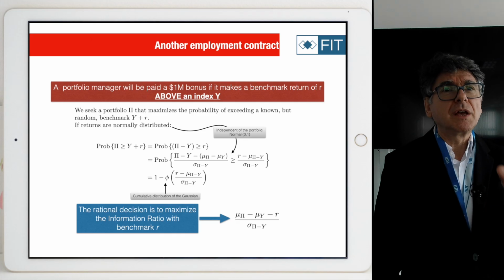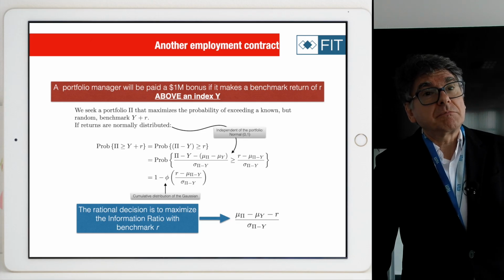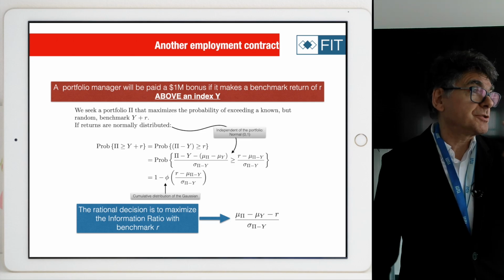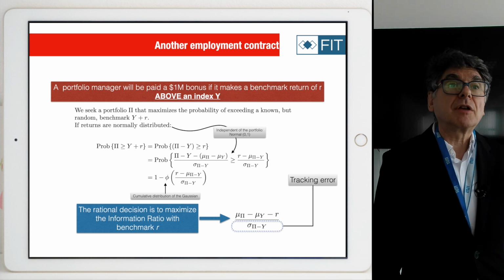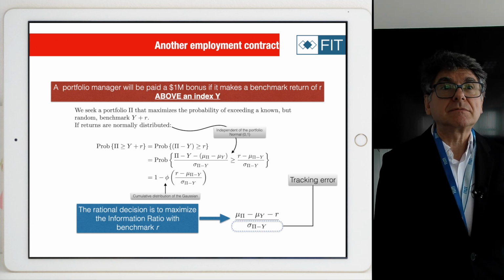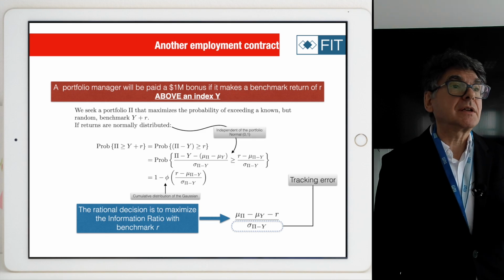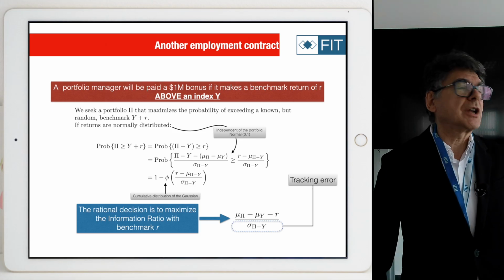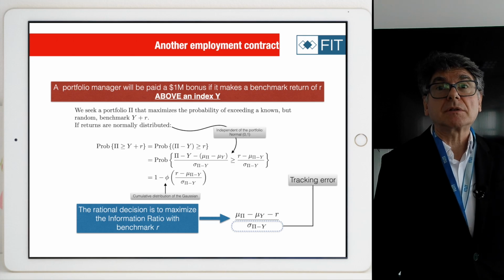You're okay if the index drops by 5% and you're flat, that's great. But if that deviation gets to be very large, it hurts you, okay? So that is called the tracking error. If your tracking error is very high, you'll probably be fired. If the index is down and you're up, and the index is up and you're down, you're fired for sure. So this is not a mutual fund we want, because the probability you beat the benchmark is very low, right?